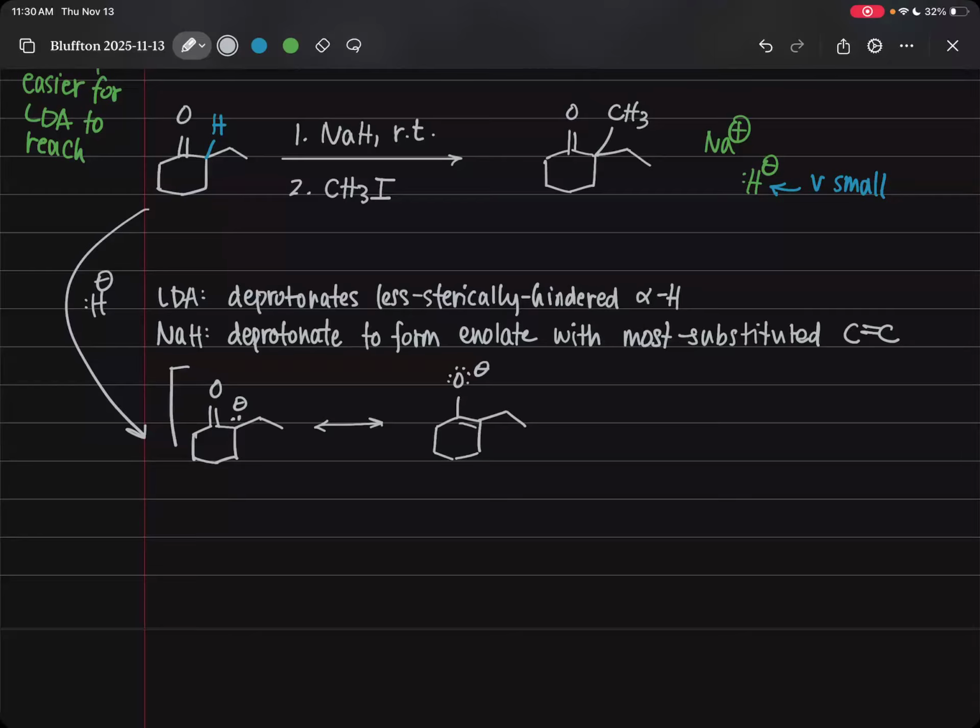There's that carbon-carbon double bond that I was talking about. And this carbon-carbon double bond is more substituted than the one on the other side, which would be that one.